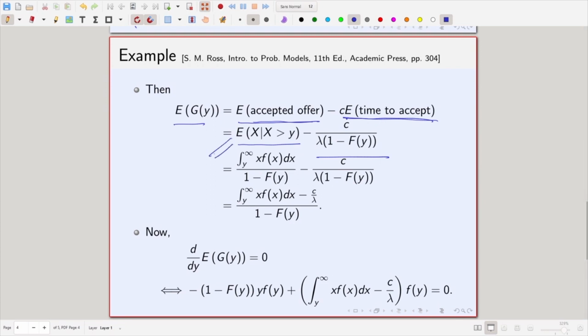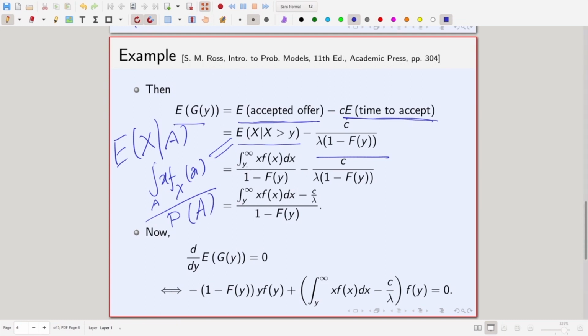Now, how do I calculate this? What is the expectation of X given some event A? You integrate the density of X on the event A, divided by the probability of A. Here the event is X greater than y, so you should integrate from y to infinity and not from 0 to infinity because of this conditioning.